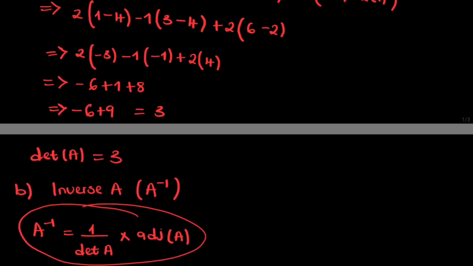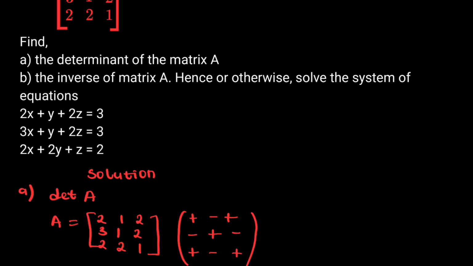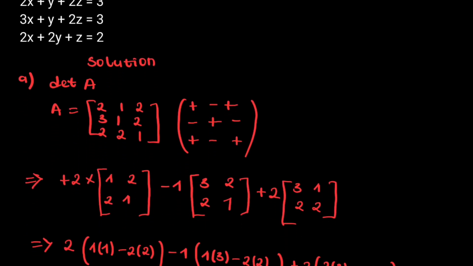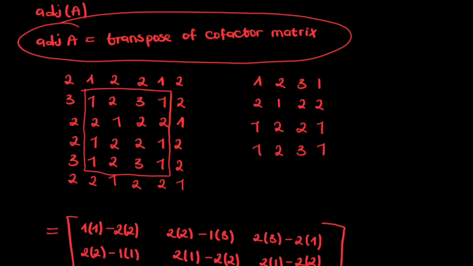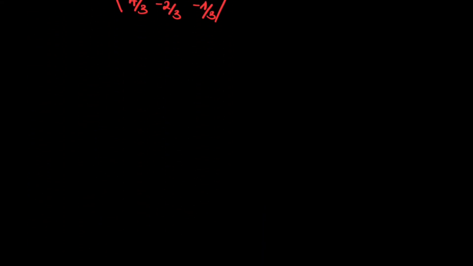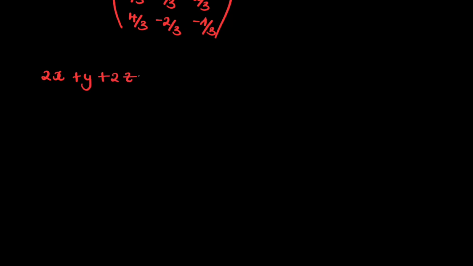But that is not all. The question further says we should solve the system of equations. So let me just write back the system of equations. So we have 2x plus y plus 2z equal to 3, 3x plus y plus 2z equal to 3, and 2x plus 2y plus z equal to 2.